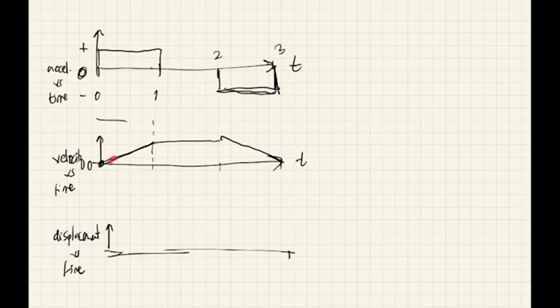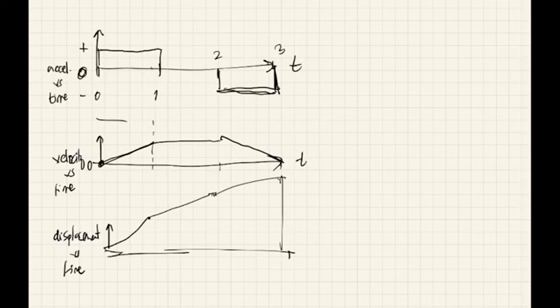If you started from 0 displacement, you get that area, take this area, add it to the 0, then it goes upward. Then since this is 0 degree, we become first degree. Then since this is first degree, your curve here will be second degree again. That's your distance versus time graph.